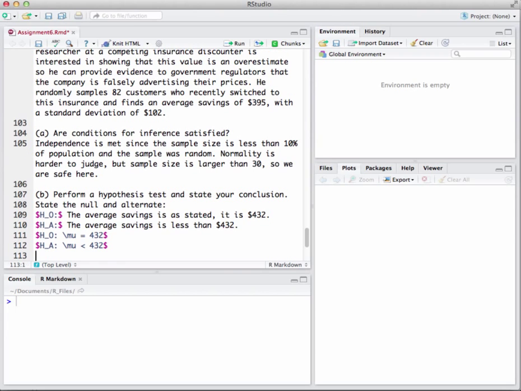Next part is we need to state our decision rule. In other words, we need to say what we're going to use to reject the null hypothesis. So our decision rule is we're going to reject the null if the p-value is less than 5%. Notice they didn't give us a level of significance here, so we're going to set it ourselves.